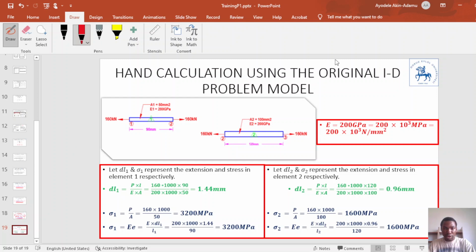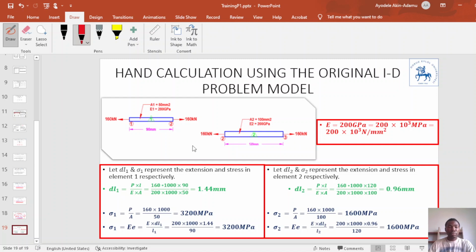So this is the hand calculation using the original model given in the question. In solving this problem by hand calculation, the problem can be broken down into two parts, the material part 1 and material part 2. And the key to solving this problem by hand calculation is to realize that in both materials, the axial load is actually 160 kilonewton. That is actually the key to solving this problem.